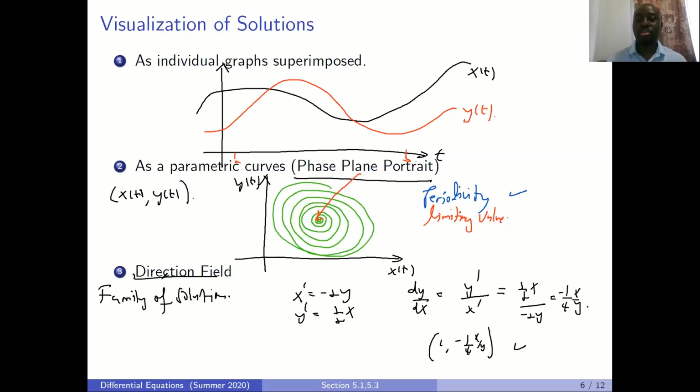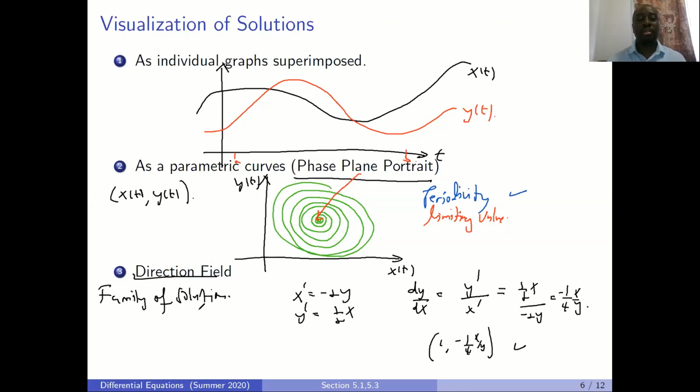So now you're not looking specifically at some fixed constants, but you're looking at all possible solutions of your system. That also has a different kind of value, because now you can look at how the entire family of solutions behaves. So that is really the attraction of the direction field.